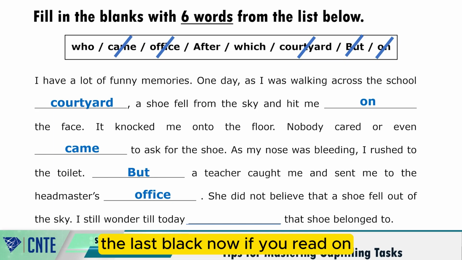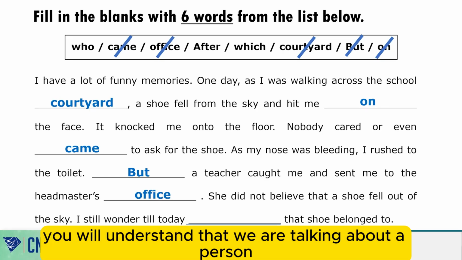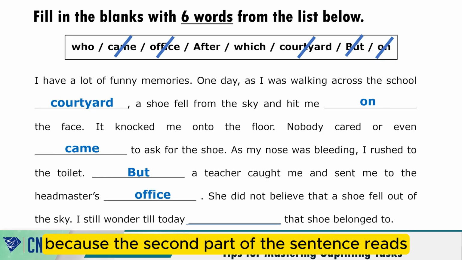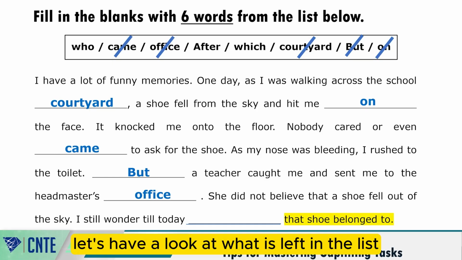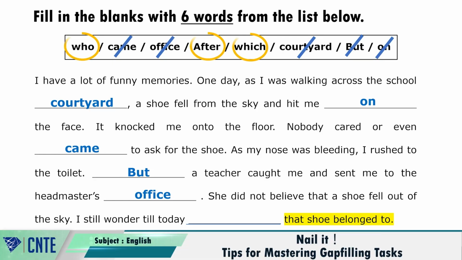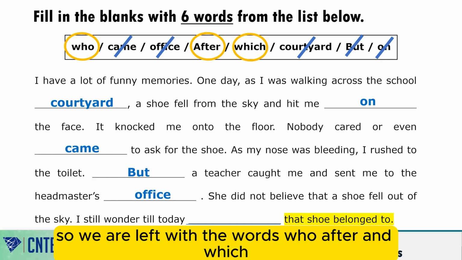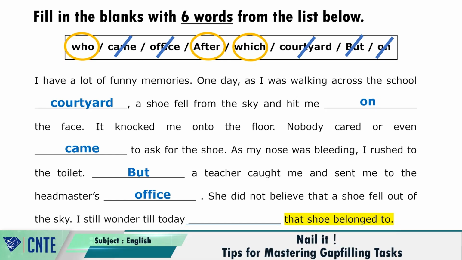The last blank now. If you read on, you will understand that we are talking about a person, because the second part of the sentence reads, that shoe belongs to. A shoe belongs to a person. Let's have a look at what is left in the list. So we are left with the words who, after, and which.